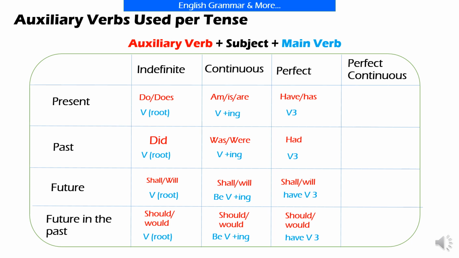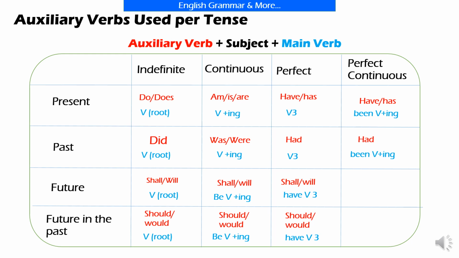Now, if the sentence is in the present perfect continuous tense, then as an auxiliary verb, you will use have or has, but the main verb will be been, verb ing. If the sentence is in past perfect continuous, then the auxiliary verb will be had, and the main verb will be been, verb ing.